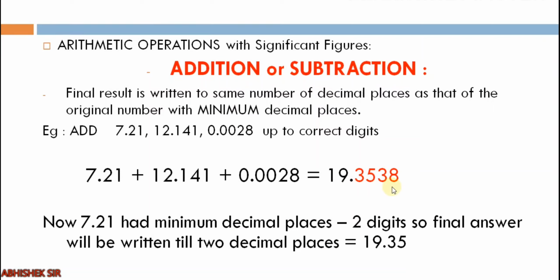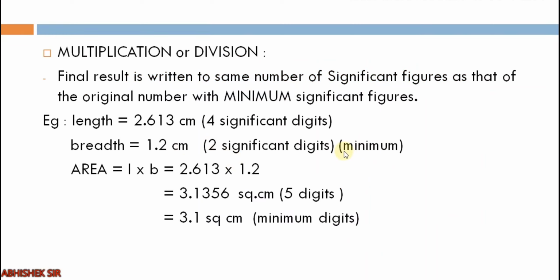So 19.3538 is reduced to 19.35 only. Clear? So just remember minimum decimal places. The answer must also have minimum decimal places. Clear? Very easy.